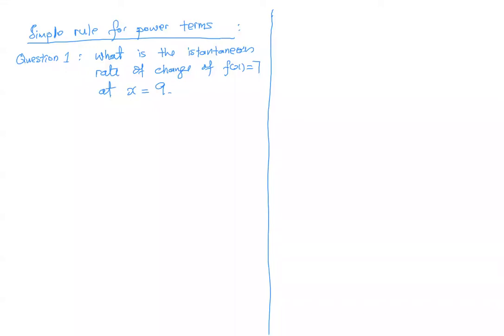Okay, Yishan, can you give me your answer? 7. Okay, why do you say 7, Yishan? Because no matter what the x value, the y will be 7. Yes, but I'm asking for the instantaneous rate of change.